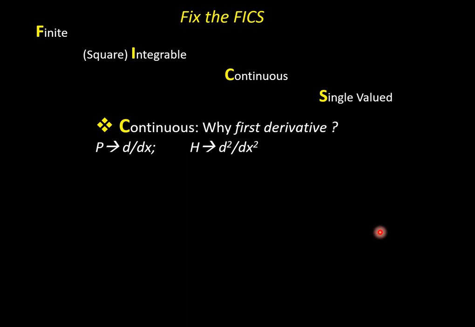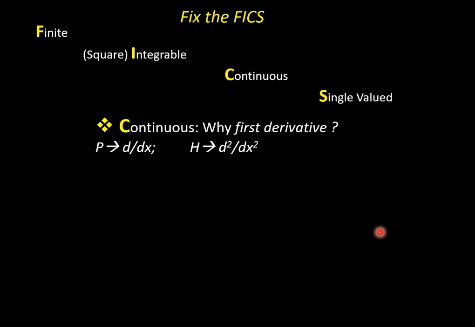Continuous, I told you that some mathematical criterion is there behind the whole scene. Why continuous? Because mathematically we know that if d psi dx has to exist, then psi itself has to be continuous. Similarly, if the second derivative, d2 psi dx2, has to exist, then the earlier one, that is the first derivative, has to be continuous.